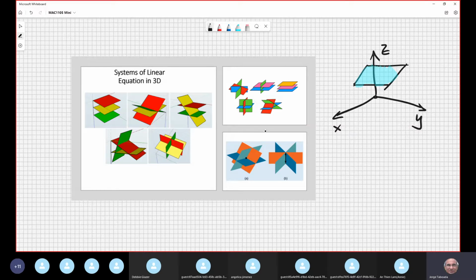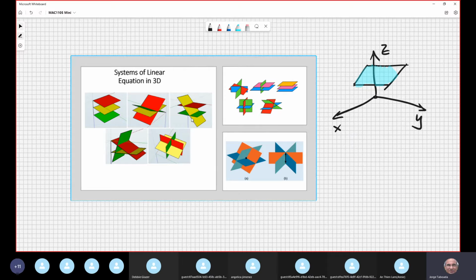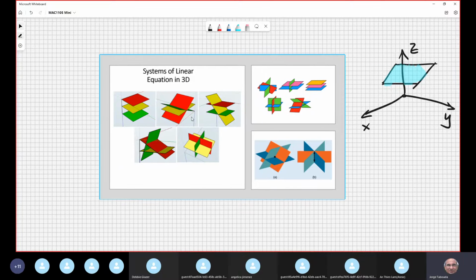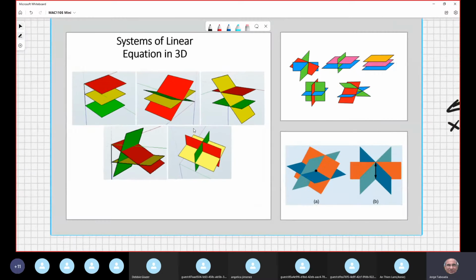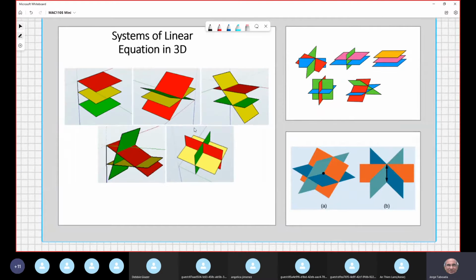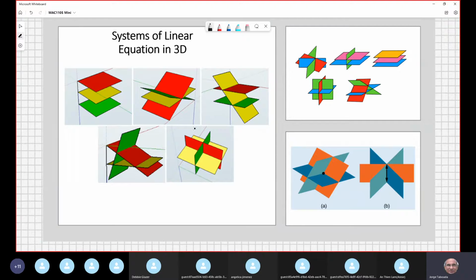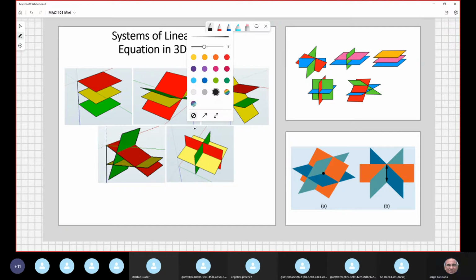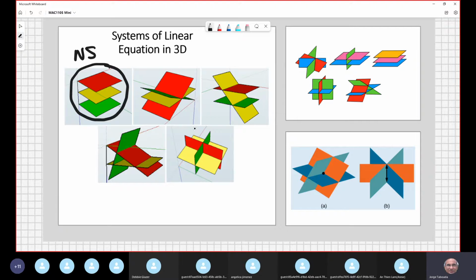So the relationship is complicated now because we have 3 equations, we have 3 planes. I need to discover the intersection. We have a lot of possibilities. For example, in this one, we have no solution. Why? Because these planes are parallel and never meet. It's impossible to have a solution. There is no intersection.